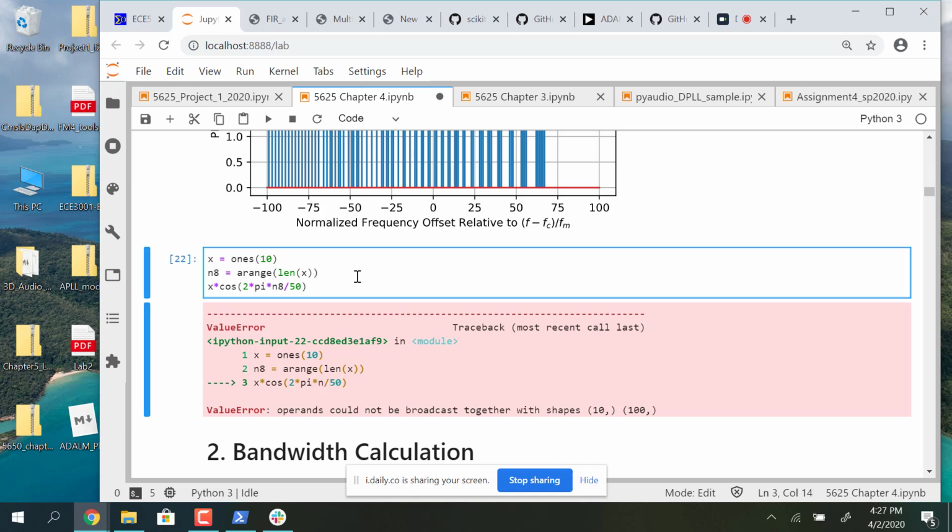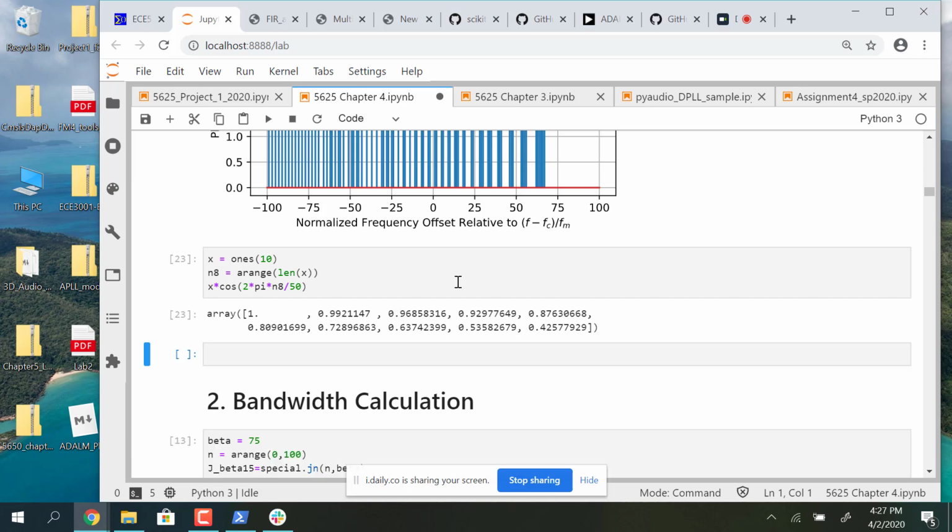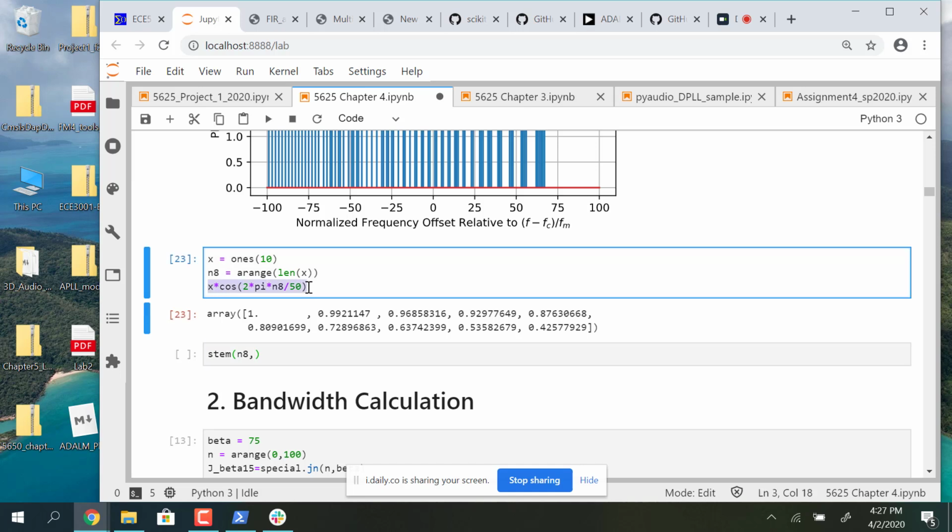That had to be n8. Okay, so there's those numbers. X times cosine, that's this guy right here. And if I don't believe that, I could try to plot that because it should just plot. I do a stem plot, I guess. Stem of n8, comma, plug that in.